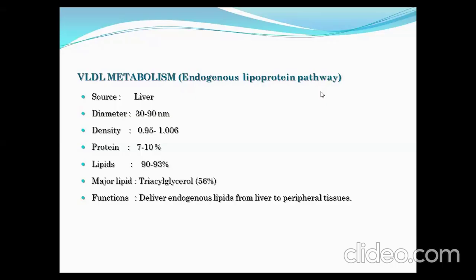And the major function of VLDL is to deliver endogenous lipids, not exogenous, the lipids inside the body. They transport the endogenous lipid from the liver to the peripheral tissue. So that is the major function of VLDL.